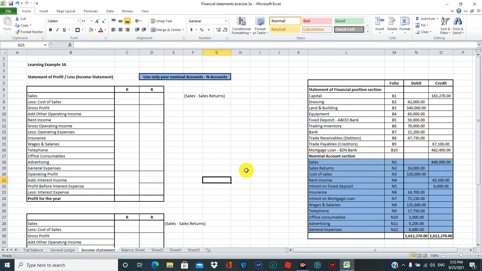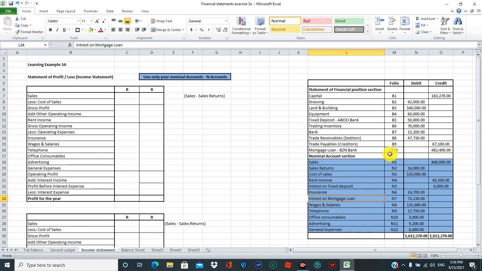You can just go read the financial statements of a sole prop, statement of profit and loss. We're just going to put it together. Your income statement uses only your nominal accounts, which is the N account. I've been receiving a lot of emails asking how do you know if you use an N or a B, and where do you get it?